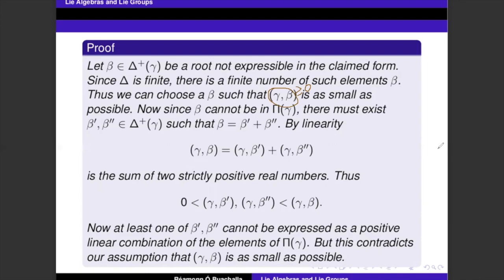Hence, if it's not in pi of gamma, that means it is expressible in terms of these two elements. So it has to be. Let's denote these elements by beta prime and beta double prime. So beta is going to be equal to beta prime plus beta double prime, where beta prime and beta double prime are non-zero.